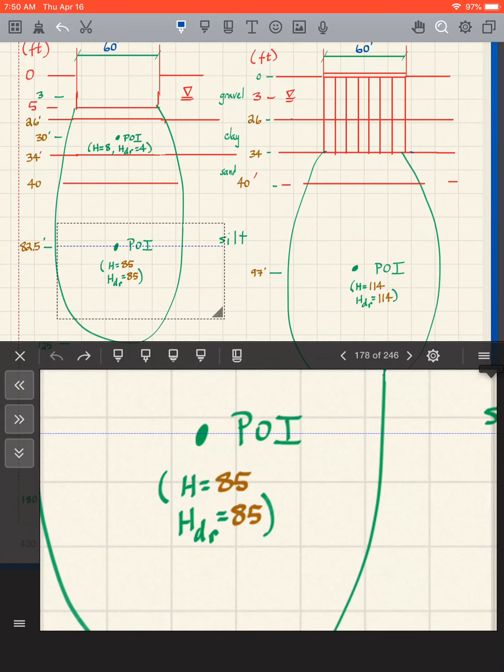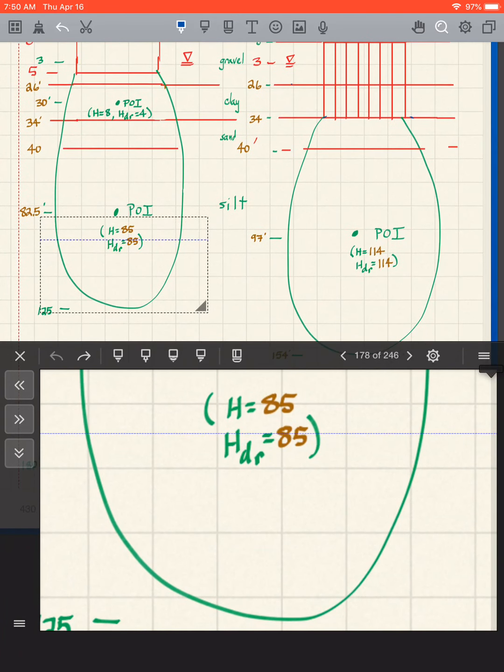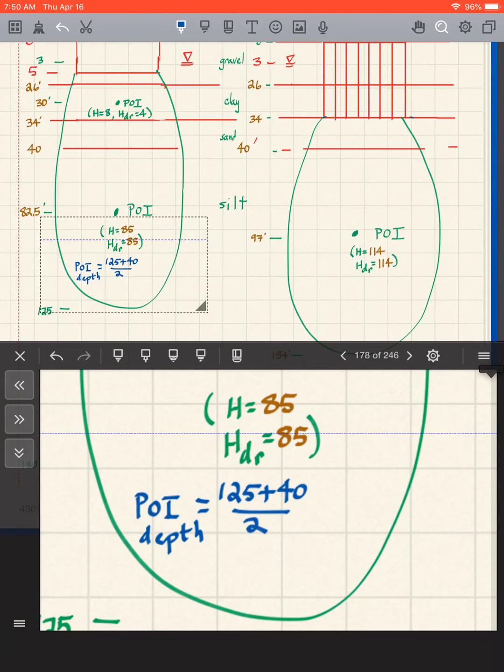So we have the point of interest depth is equal to 125 plus 40 over 2, which is 82.5 feet, and the H is 125 minus 40, which is 85.